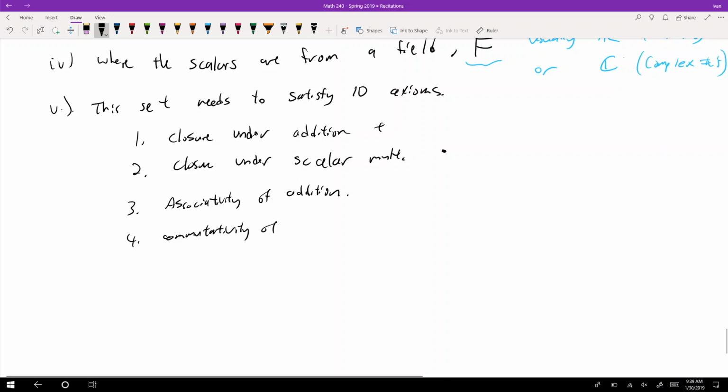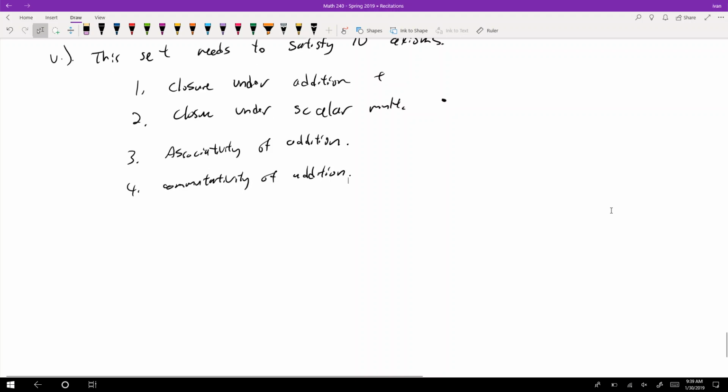Commutativity of addition. What else? Left distributivity of scalar mult. Right distributivity of scalar mult.